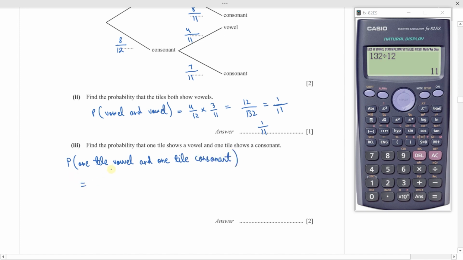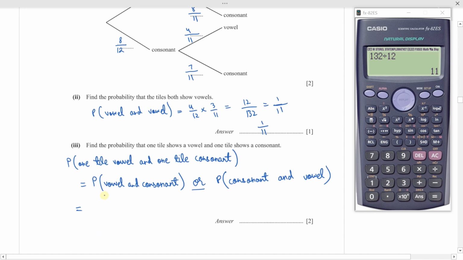So how can you get one vowel and one consonant? That means you get a vowel in the first tile and a consonant in the second tile, or you can get one vowel and one consonant if you get the consonant in the first tile that you pick and a vowel in the second. So these are the two probabilities that you have to add.